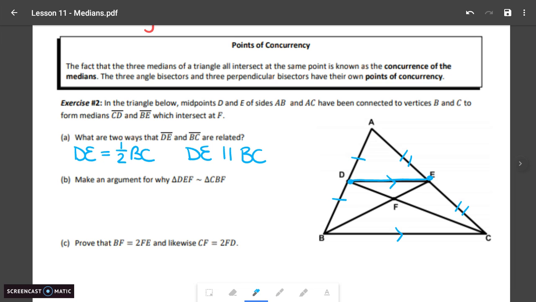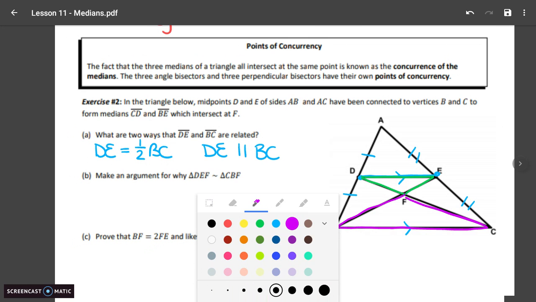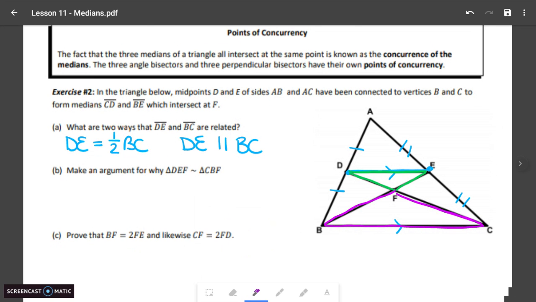So that being said, since I have parallel lines, when I'm looking here, we're trying to show why DEF, this triangle here, and CBF here are similar. Well, there's a couple of different things we could go about saying and doing, but since we just shown that they're parallel, we have two pairs of congruent alternate interior angles.